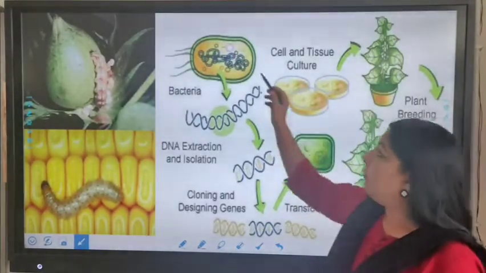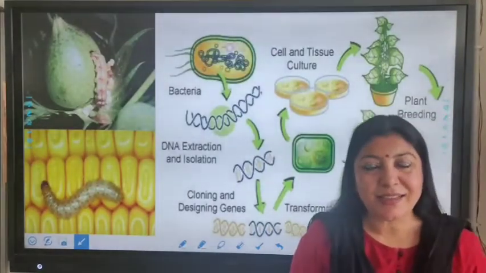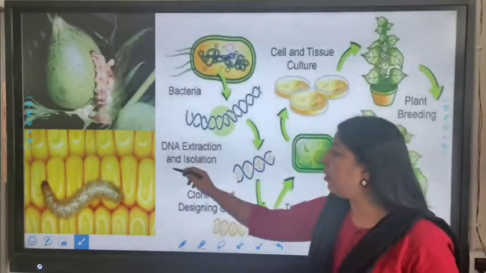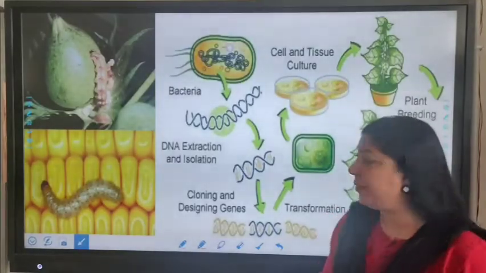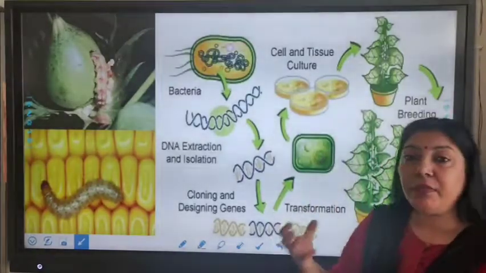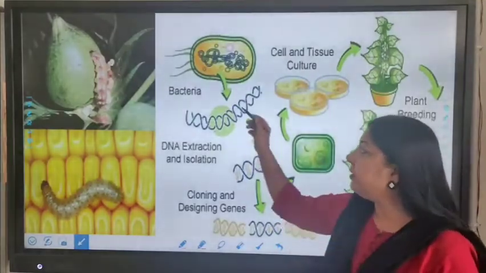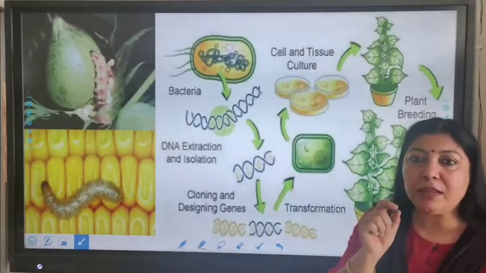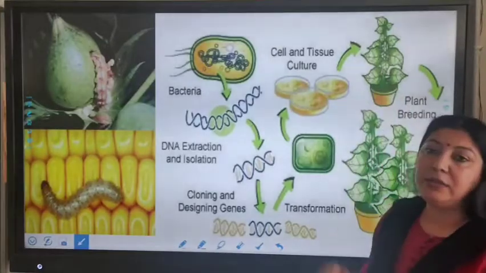What is done? First, from the bacterium, our gene of interest, that is the Bt gene, is isolated by the process of DNA extraction and isolation, which we have already studied in the previous chapter. Then we produce bacterium having that Bt gene, and we introduce this bacterium having the plasmid containing the Bt gene into the plant.